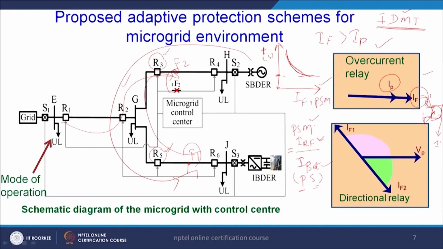Coming to the directional relay principle, how this particular relay operates: we generally take the pre-fault voltage. This is basically the nominal voltage at the different buses like DG buses, the grid terminals or the load terminal, wherever we kept the relays. So, this Vp is the polarizing voltage, and why do we prefer this voltage as a polarizing quantity? Because during the fault situation, the voltage magnitude may increase or decrease depending on the situation of the network, but the phase angle does not change much.